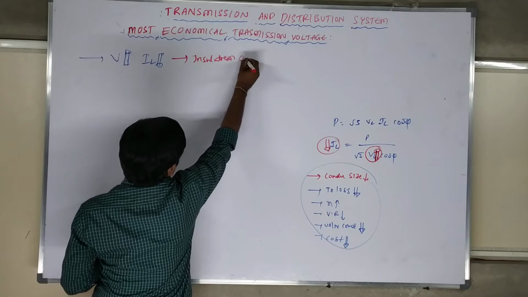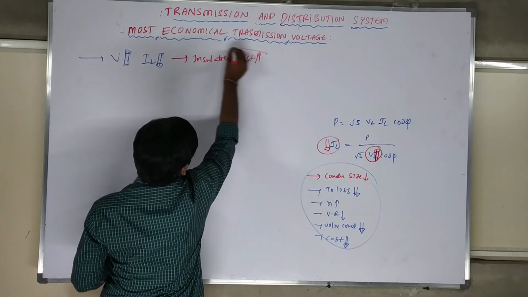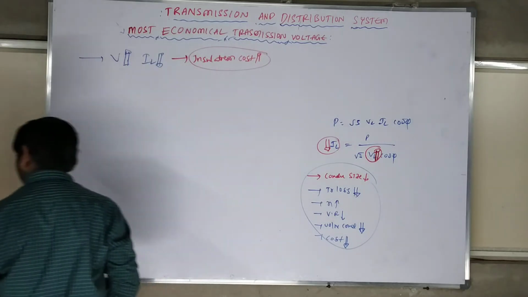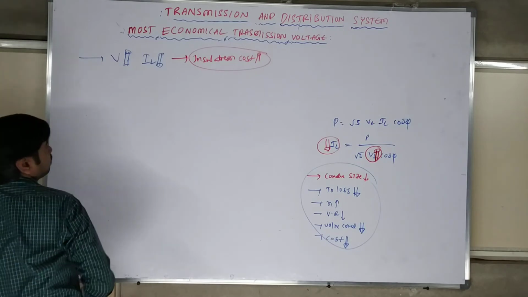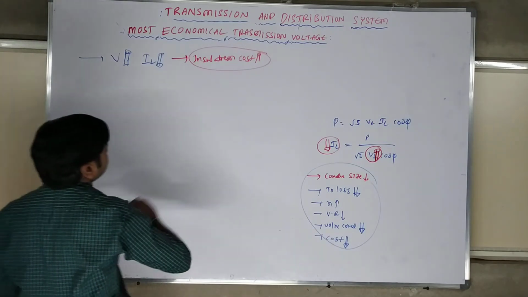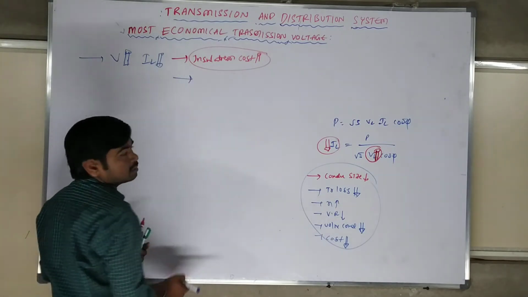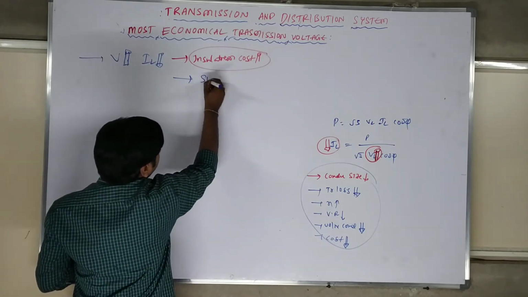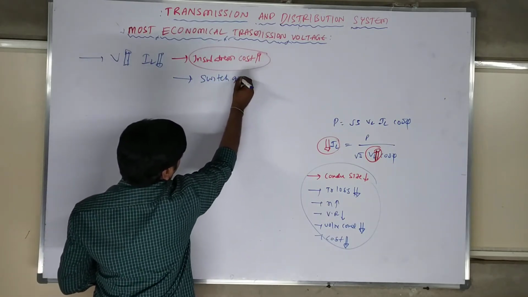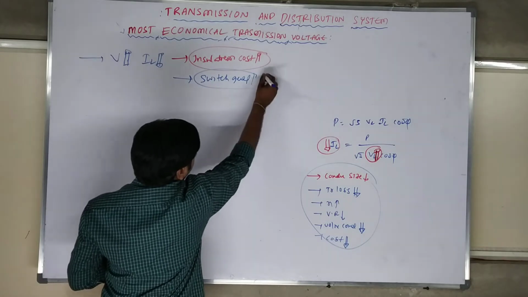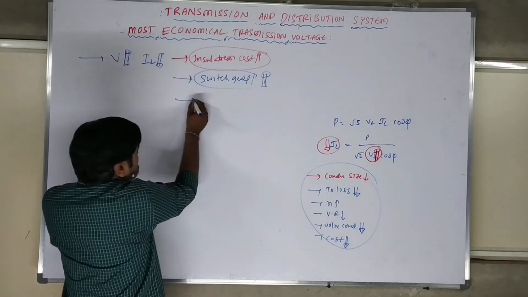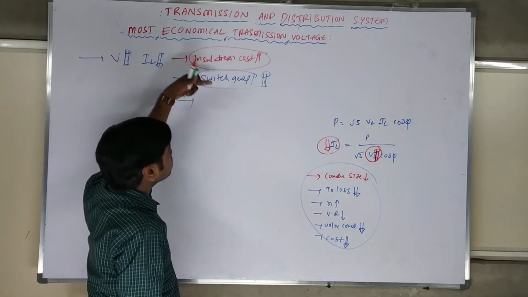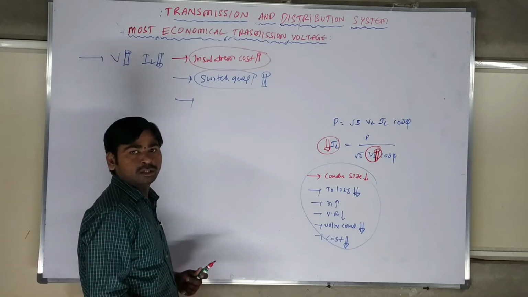The cost of insulation increases automatically. Switchgear equipment cost also increases. Automatically, insulation increases and switchgear components increase.